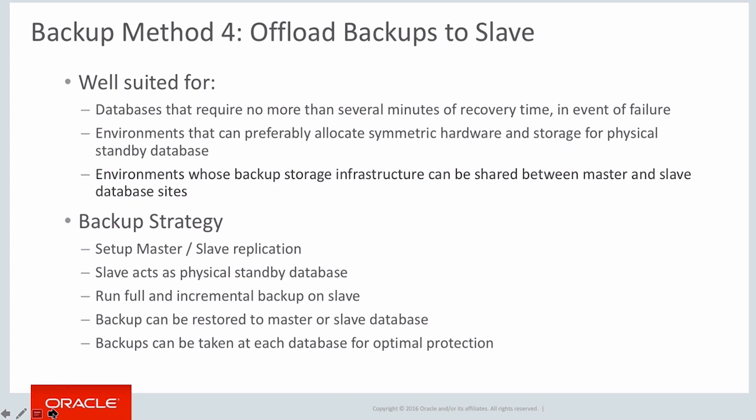To set this up, you set up master-slave replication, and then run all the backups off of the slave. You can run your full backups and incremental backups on the slave, and when you go to do a restore, you can either copy those backups to the master or run them back off of the slave, and the slave becomes the new master. The key point is that you still need to make sure you do backups.